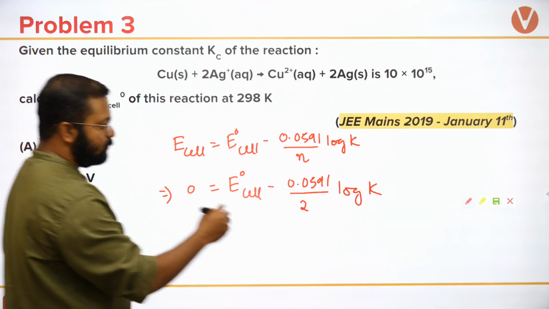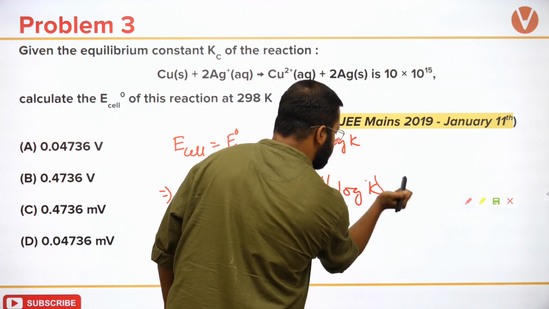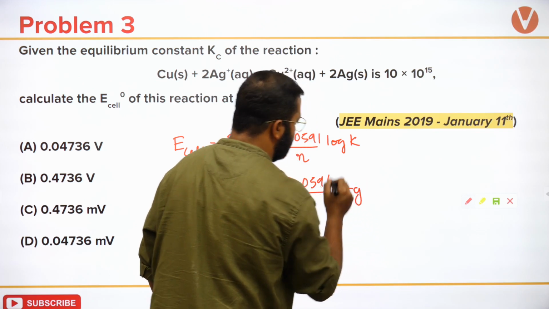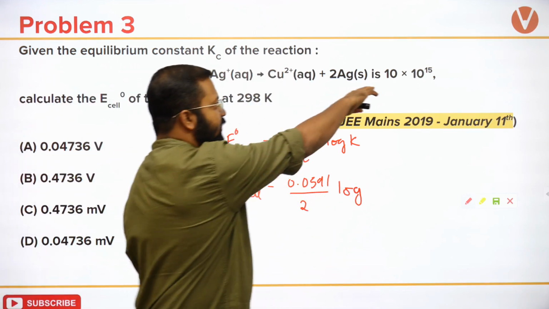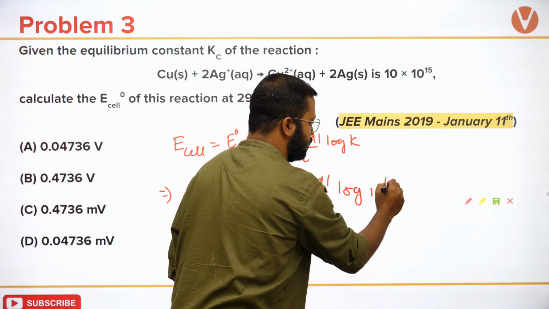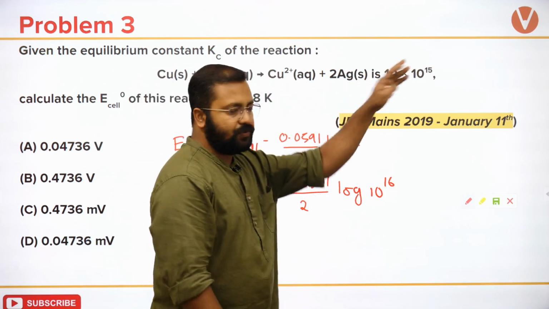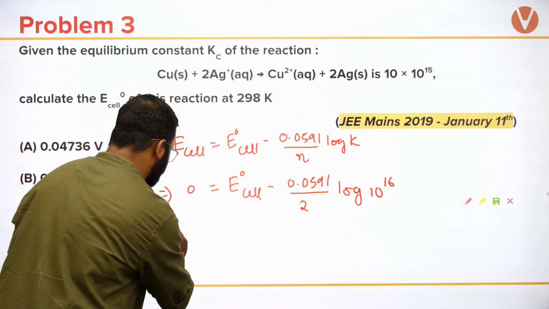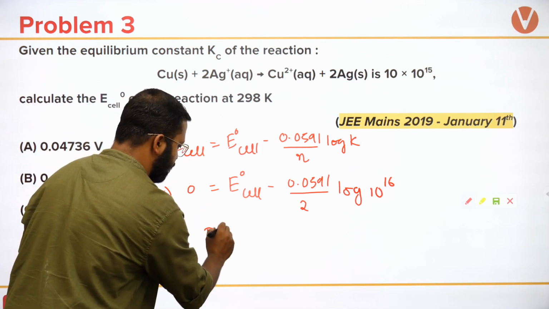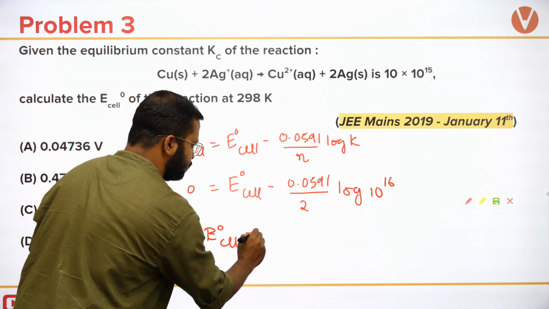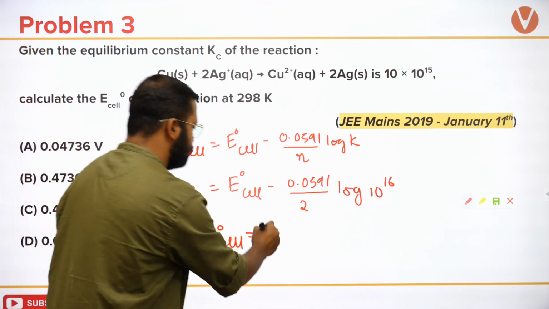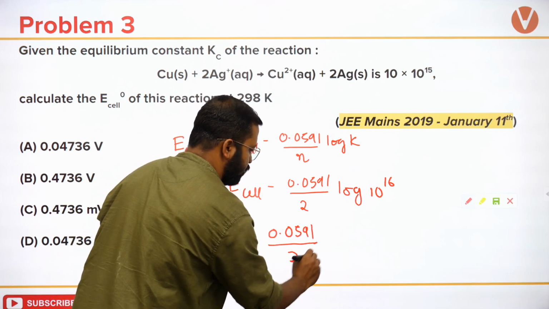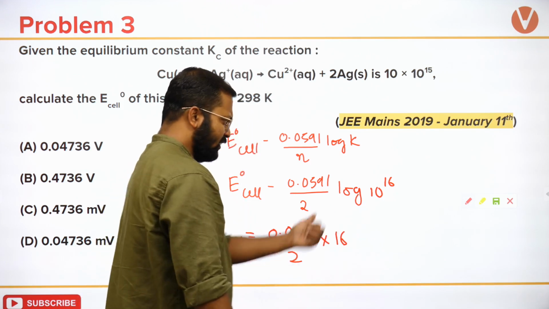Okay, so log Kc, और Kc की वैल्यू क्या है? 10 times 10 raised to 15, so I'll write it as 10 raised to 16. So this will become E naught cell, which is equal to 0.0591 upon 2 times 16.